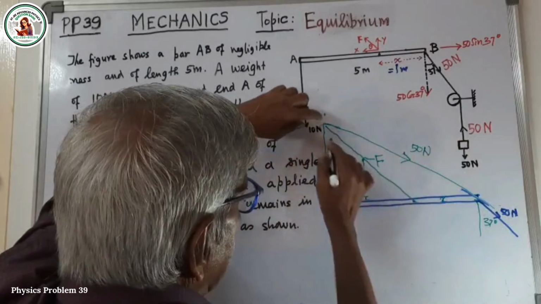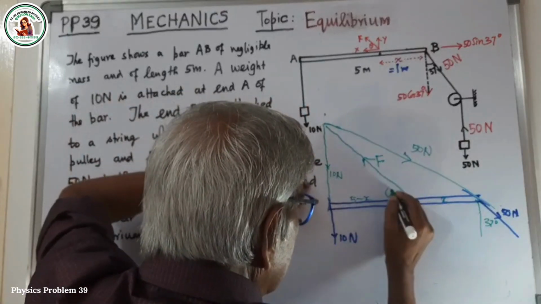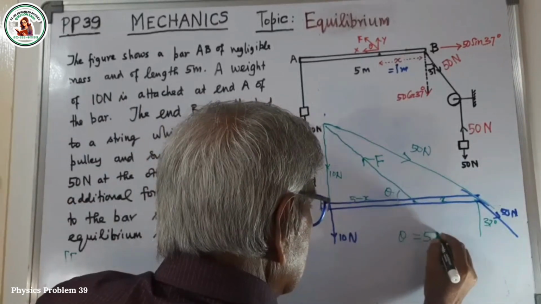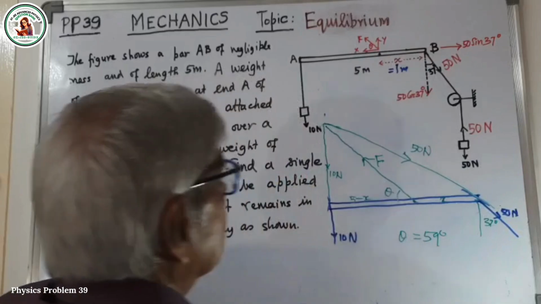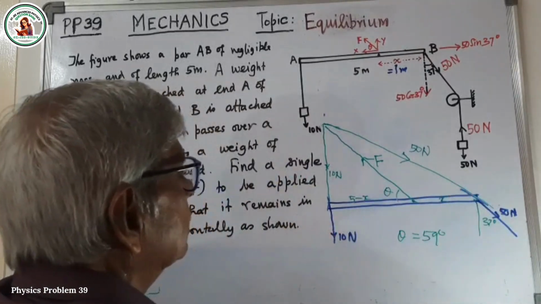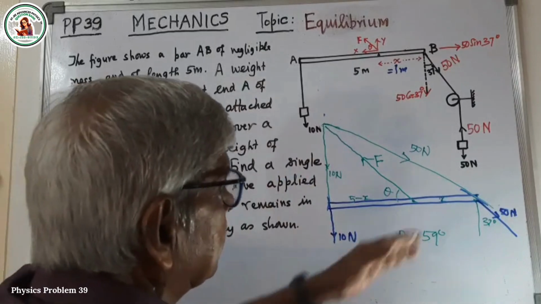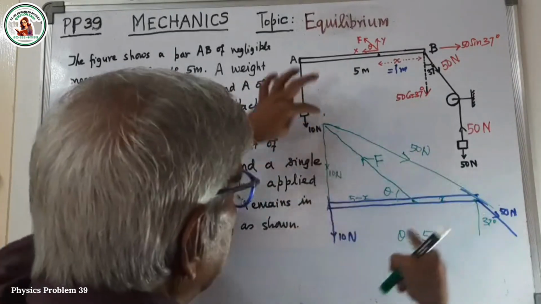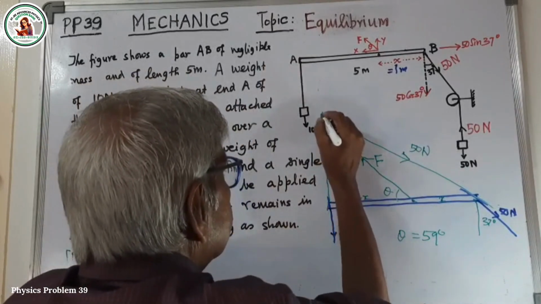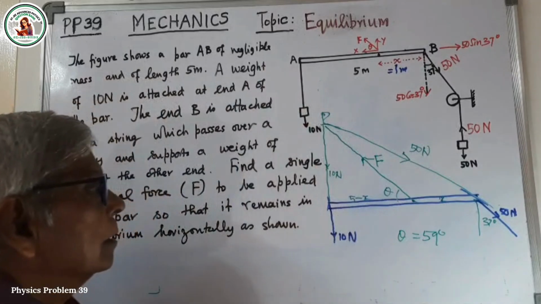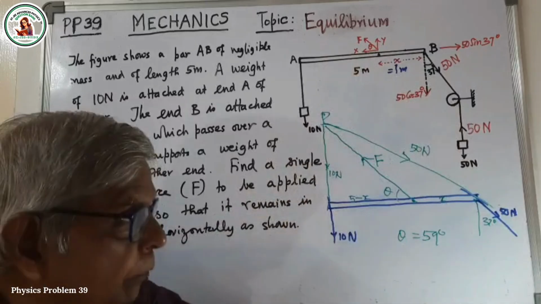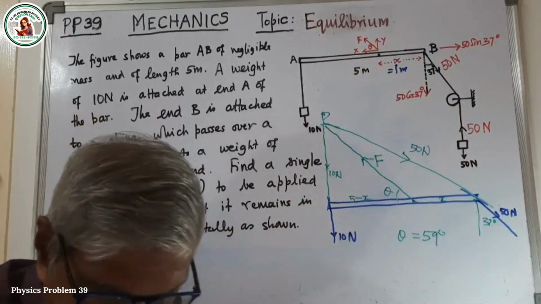You can make this angle theta, and you will see that this angle theta will be equal to 59 degrees. So that also demonstrates that when three non-parallel forces keep a system in equilibrium, the three forces will be concurrent. This is the point P where the three forces are meeting. Geometrically, if you want, you can work it out. Those who are interested can try. Thank you.